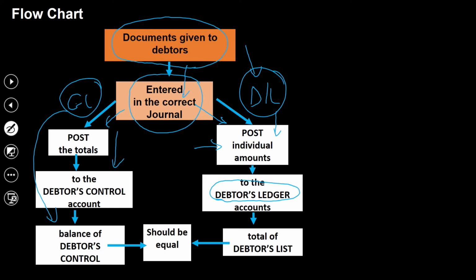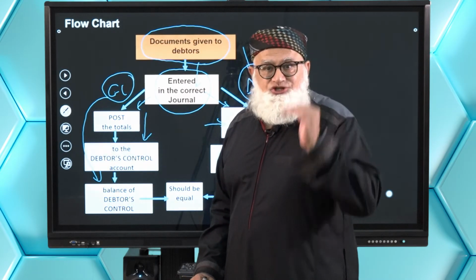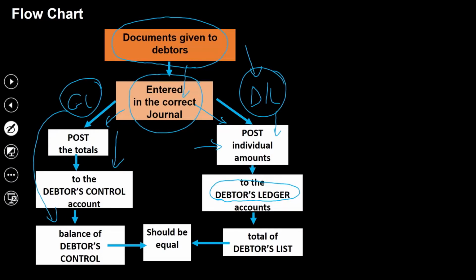And then from my debtors ledger, I extract a debtors list. Okay? And once I extract the debtors list, what do I know? I know that these two should be equal. What's that? Your debtors control account with your debtors list.